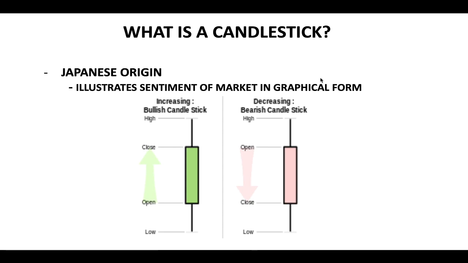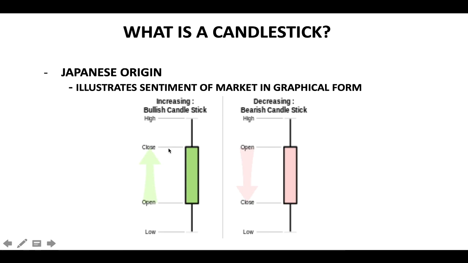These candlesticks are available on pretty much every trading platform, whether independent or part of a broker. A candlestick involves 4 points: you have your open, your low, your high, and your close.